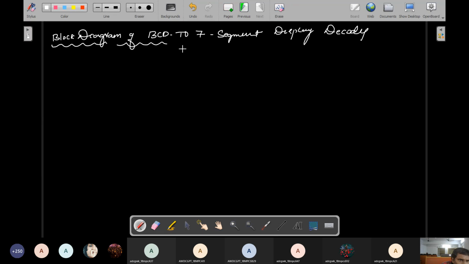So this is the actual block diagram I draw here.